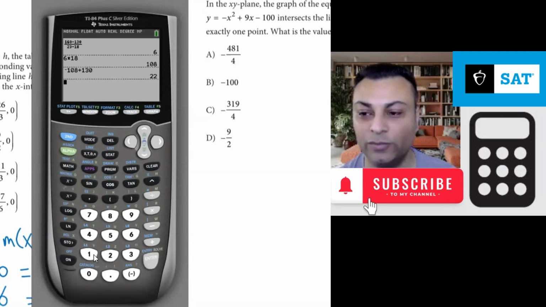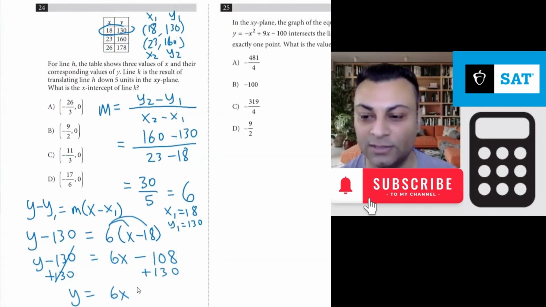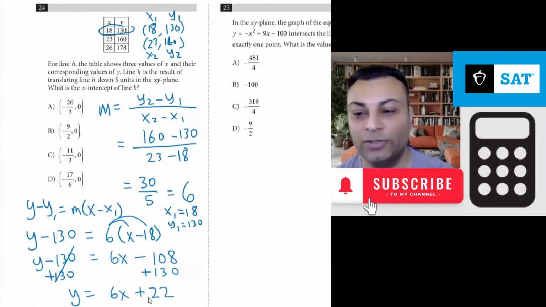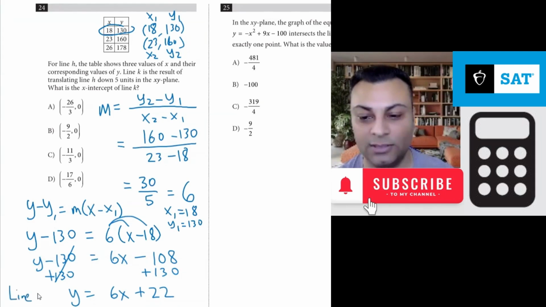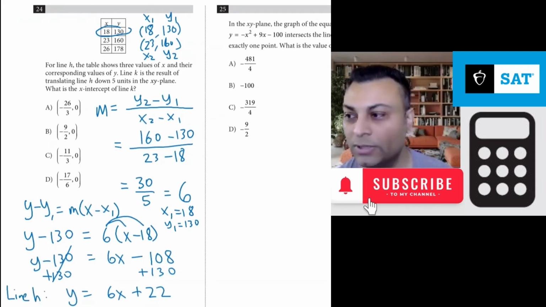It's 22, or if you like, you can do 130 minus 108. It's the same thing, you get 22. So let's go ahead and write this as 6x plus 22. Okay, well, this is actually line H. Now, let me erase some stuff to clear some room.